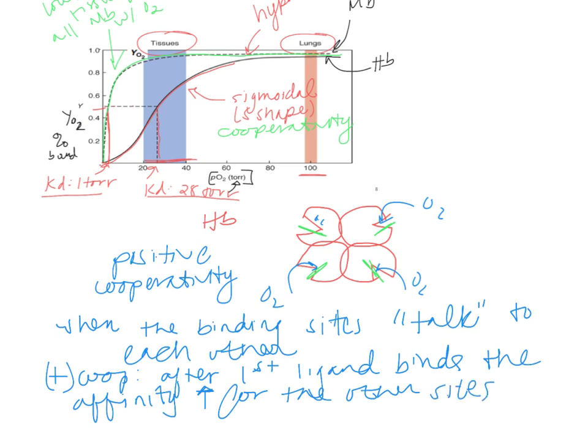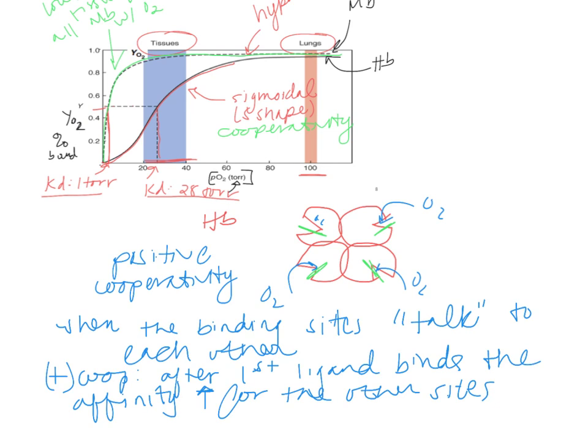Okay, so how is this read on the curve here? So down here for hemoglobin, there's low affinity and none of the 4 sites are bound. Now as we increase oxygen concentration, the first oxygen will bind, which rapidly increases the affinity for the other 2, and then the 4th oxygen will bind, and then the hemoglobins will be completely bound with oxygen.